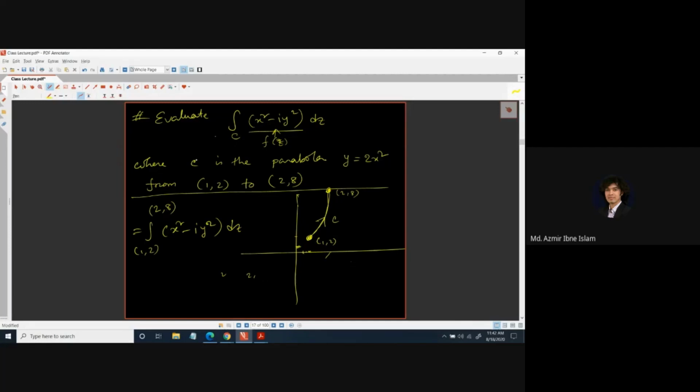This time remember, C is not a straight line, C is rather a parabola. Is that okay? So now we need to convert this function, which is for x and y both, or we can say f of z. This function should be converted to either f of x or f of y so that calculations become easy.